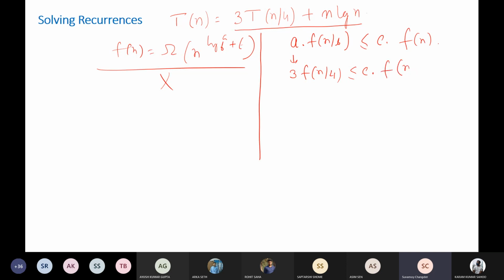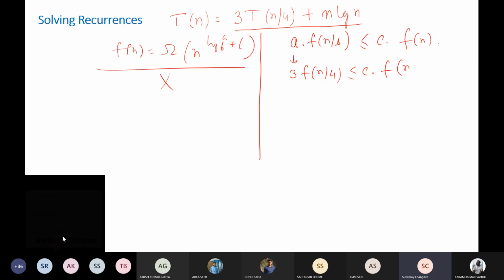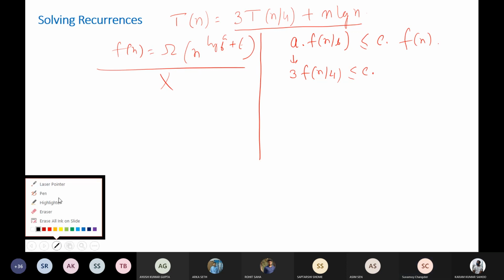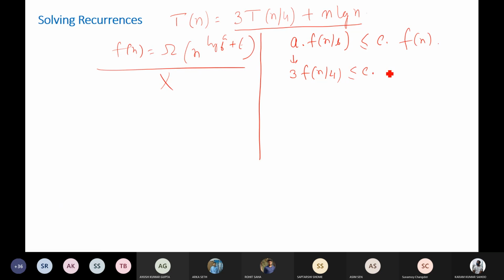So what is f of n? f of n is n log n. Later I will put that. We want to find whether there exists any c such that this equation is true.